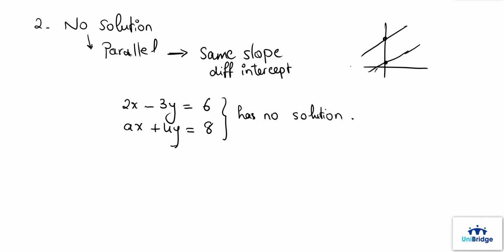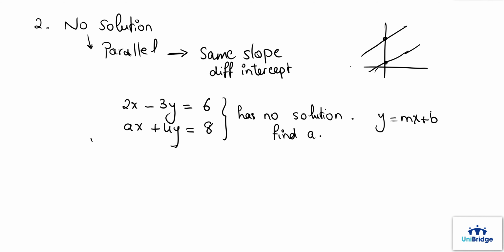In linear equations, if the system has no solution, then they must be parallel. Parallel meaning that the numbers beside the x's must be the same, because they represent the slope. So we need to get the slope of both equations and make them equal to each other. Remember that to get the slope, you must rearrange the equation into y equal mx plus b.